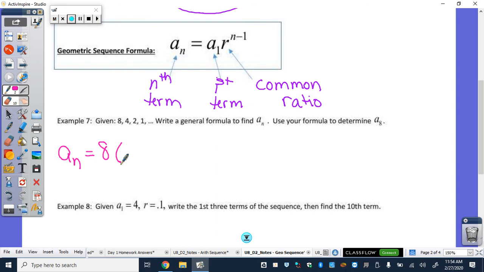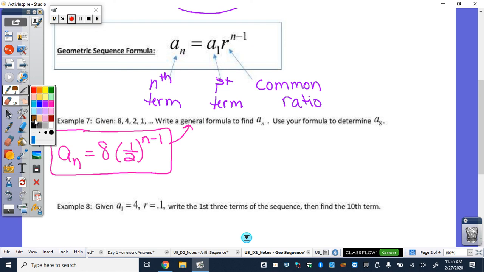What's our common ratio for this one? 1/2. And then it's going to be to the n minus 1 power. So there's the first part. Write the general formula. There's the general formula for you. Using this formula, figure out that 8th term.